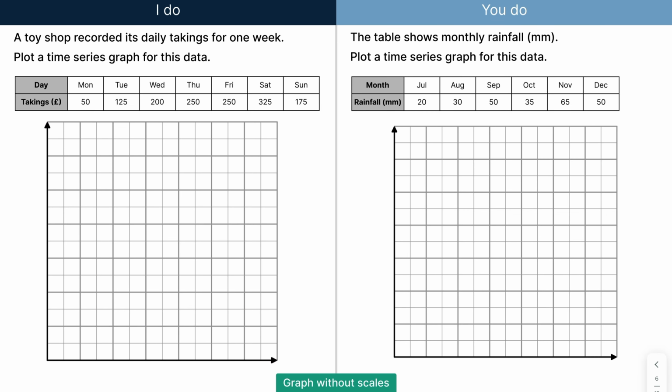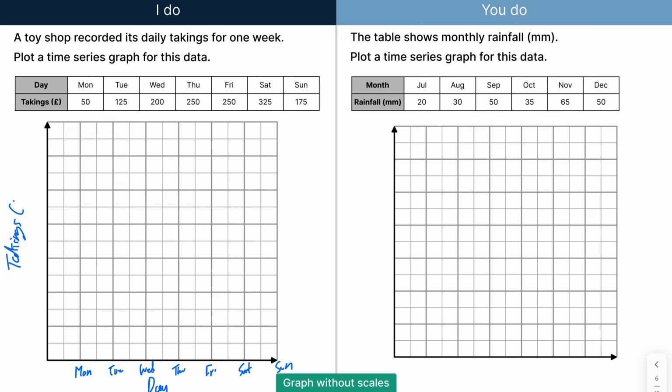Now moving on, the difference this time is that the axes haven't been drawn for us. The first thing we'll do is look at the axis. The days go on the x-axis, so we can just write day, and we can just write each day: Monday, Tuesday, Wednesday, Thursday, Friday, Saturday, and Sunday. Now it's important to realize the time series doesn't have to start at 0 on the y-axis.